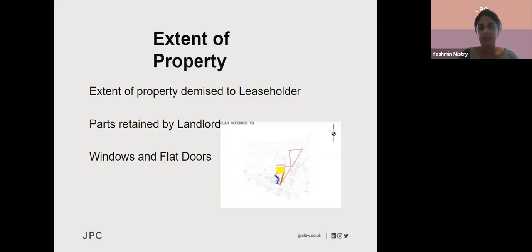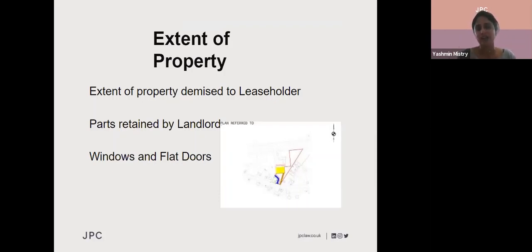You make an application to the tribunal, which can be done by paper, and say: this is my lease, this is what I potentially want to charge for under the service charge. Can you give me a determination as to whether the landlord is responsible for it, and if so, whether it can be put through the service charge? I don't see that application being used nearly as much as I thought it would be by landlords and property managers.